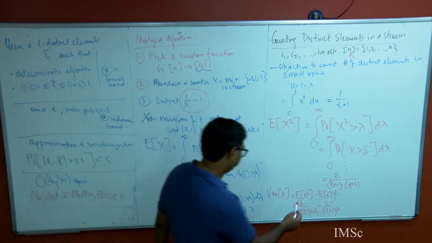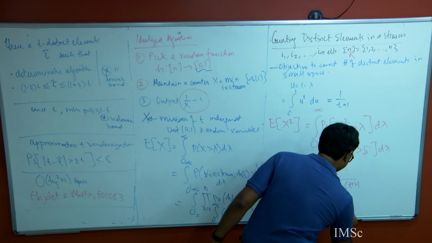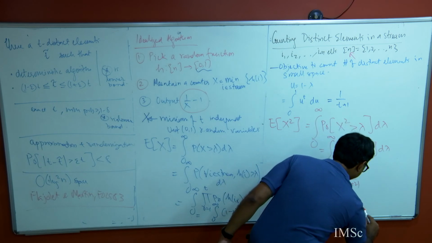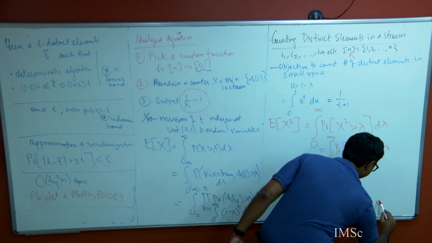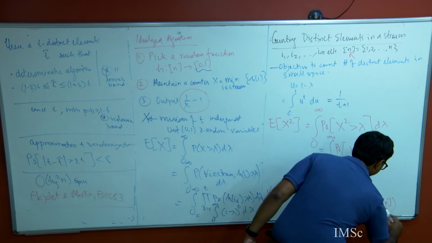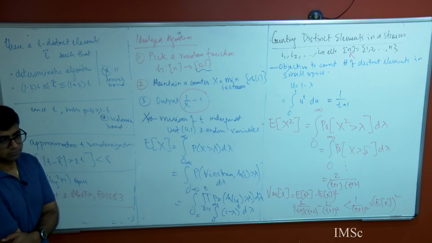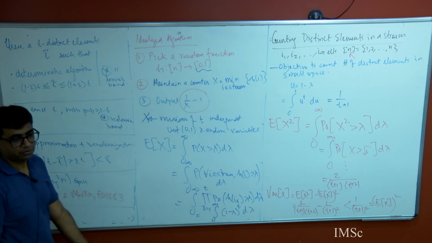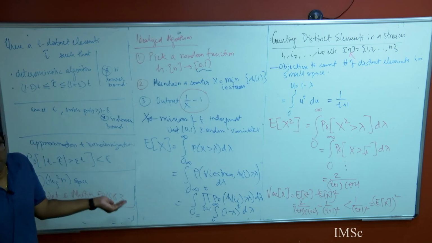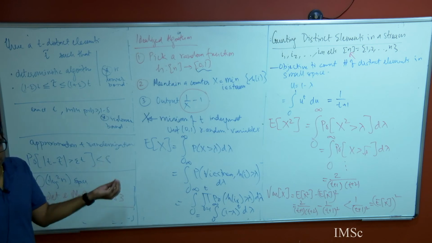And now this is less than or equal to 1 by t plus 1 whole square, which is the expectation of x whole square.